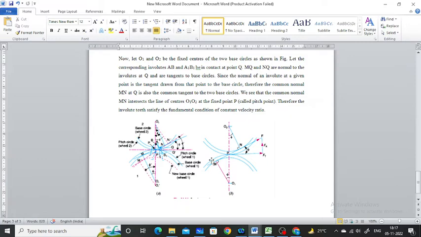No doubt, the number one and most important advantage of the involute gear is that the center distance for a pair of involute gears can be varied within limits without changing the velocity ratio.